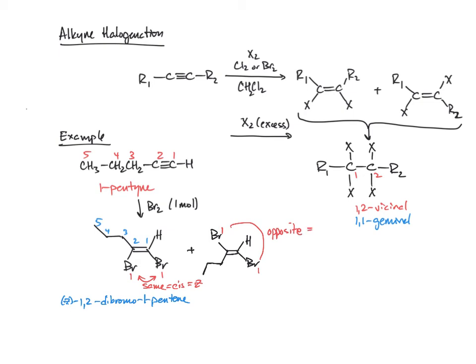So that equals trans or E. So we have E-1,2-dibromo-1-pentene.